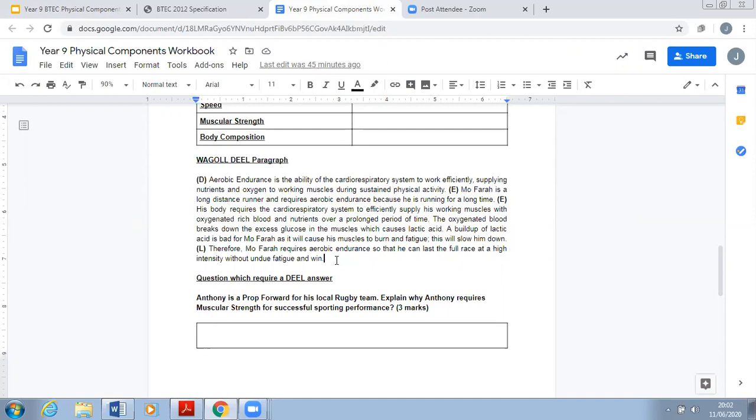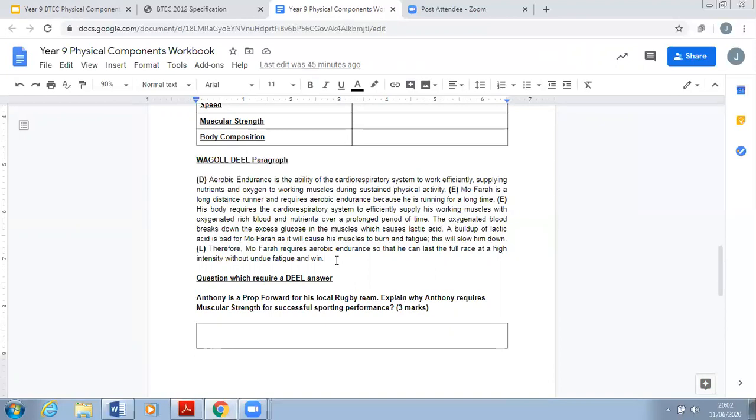Again, linking it to him, not just someone in general, but specifically to him in his sport. So when you answer your question, you need to make sure that your long answer, DEAL answer links to Anthony, who is the prop forward. Obviously your example needs to be rugby and your explanation needs to be rugby orientated.